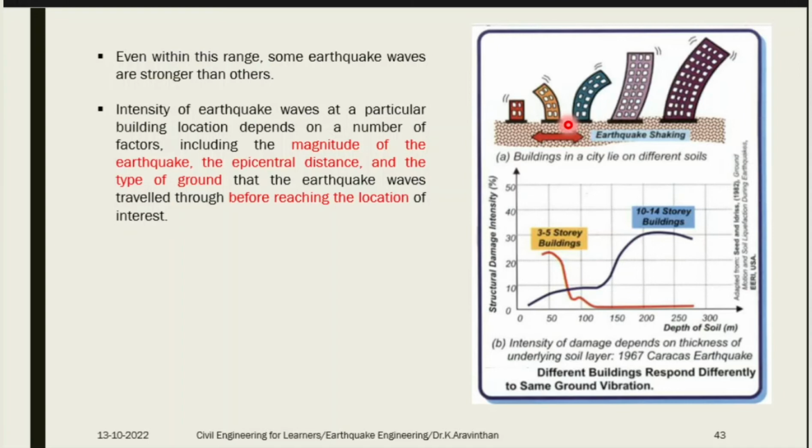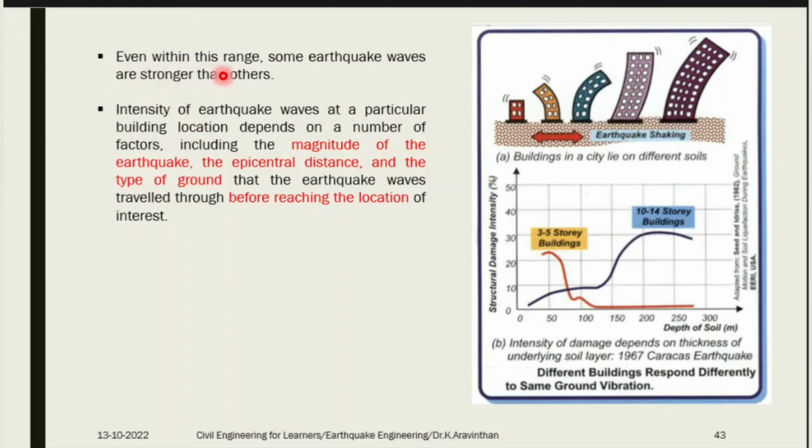In a city, you might have only 4 or 5 G plus 20 structures, but 40,000 or 50,000 G plus 3 story buildings. So the earthquake is the same, but your building and structure are different. According to the height of your structure, your building might collapse. So this is what is highlighted here.